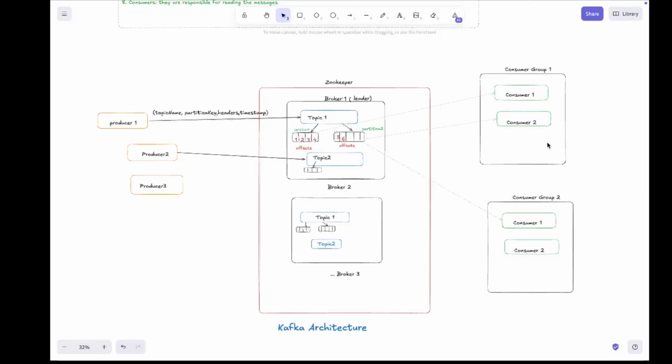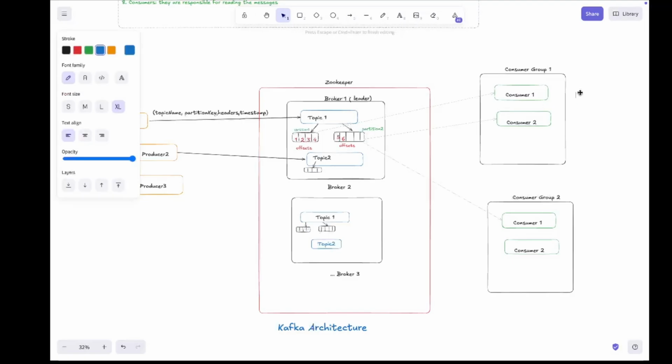So what is happening here is the producer is producing a message and the consumer is going to consume the message. Now consumer 1 can do a commit, saying that it has read till offset 3. Makes sense?